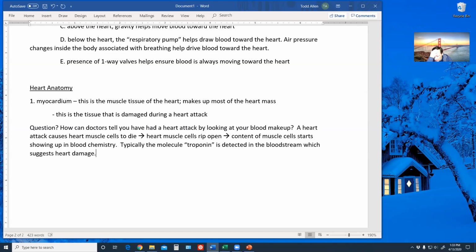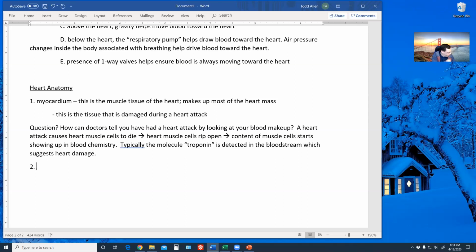On the other hand, maybe the electrical system of the heart is just fine and the heart did stop beating because there is a problem with the heart muscle. So it's possible that troponin levels could be elevated with a cardiac arrest, but it's not always 100% true. Okay, other questions? All right, let's keep on rolling here.